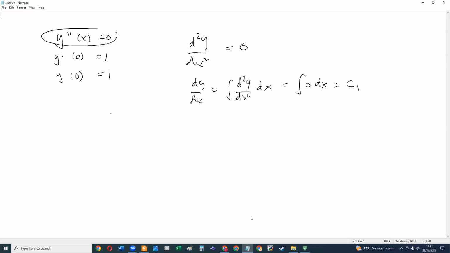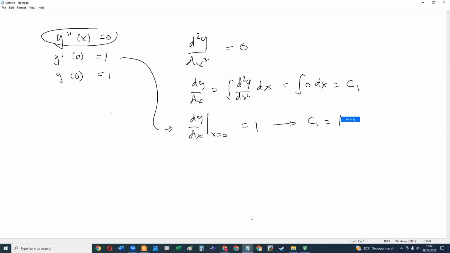Now, how do we find the arbitrary constant here? We're going to find it by substituting the first derivative value: dy dx for x equals 0 is 1. In this case, actually, dy dx is going to be a constant everywhere, so we don't need to state that it is for 0.